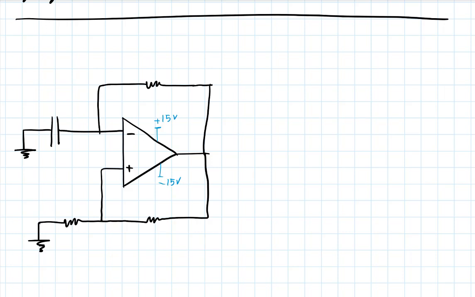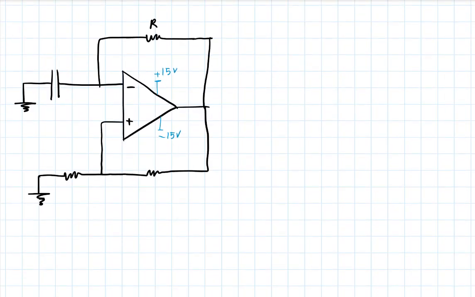Maybe even assume that these are just R. All of them are R. And this is C. Let's assume that the capacitor C has 0 charge, and we are at time t equals 0. Now, maybe everything is sitting comfortably with having 0 volt at either one of the inputs and 0 volt at the output, and there is no current going through any of the resistors, and everything is happy.